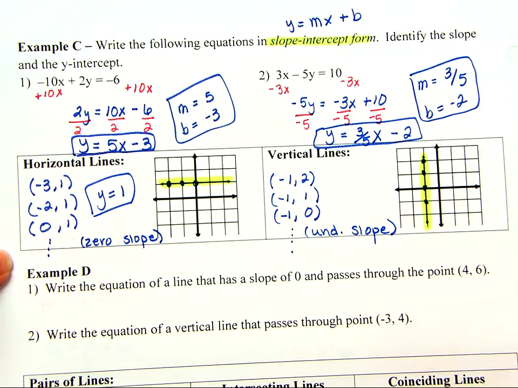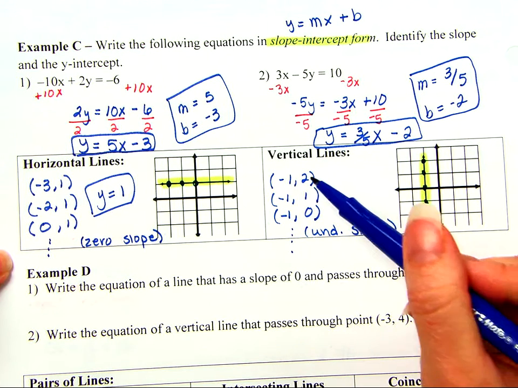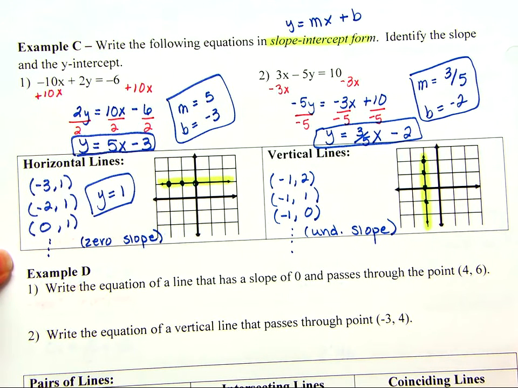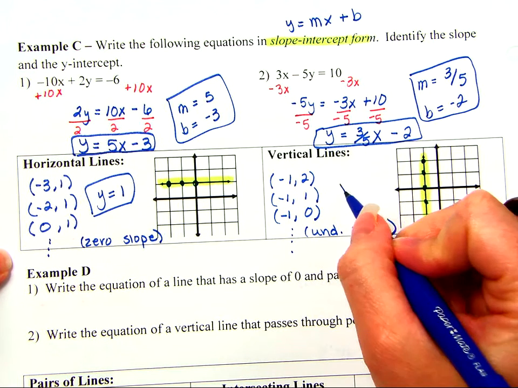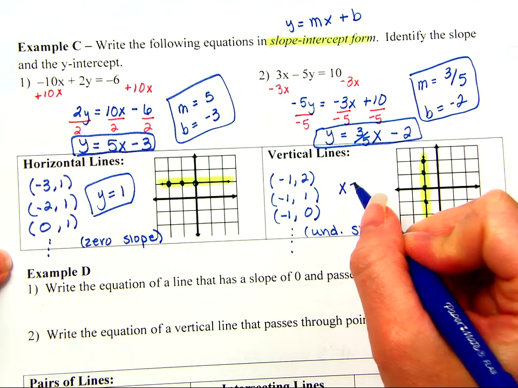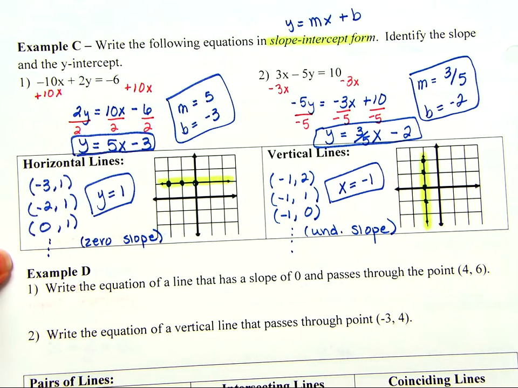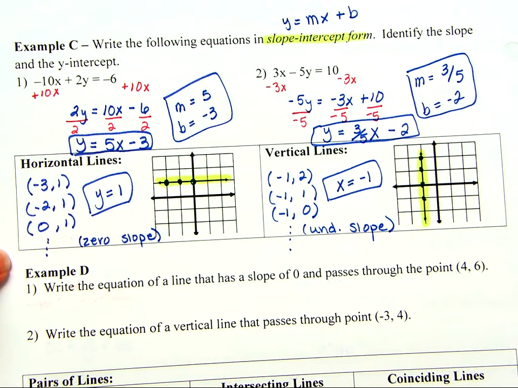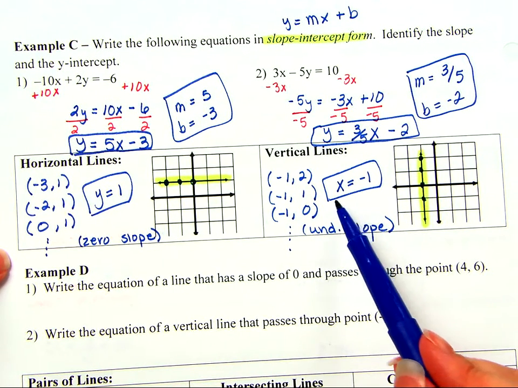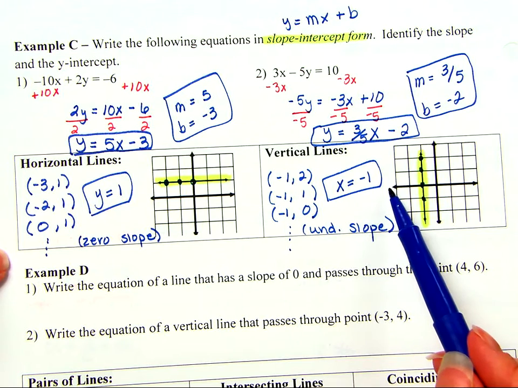What do we notice? We are always 1 unit to the left, or our x value is always negative 1. And so here, my equation for my line is going to be x equals negative 1. And for any vertical line, my equation should be x equal to the numerical value.